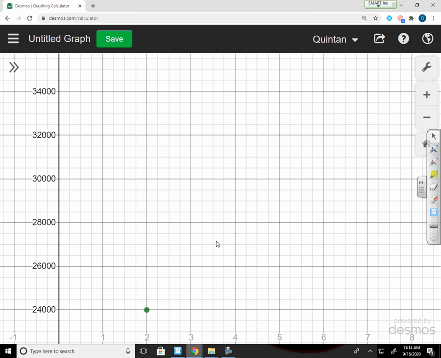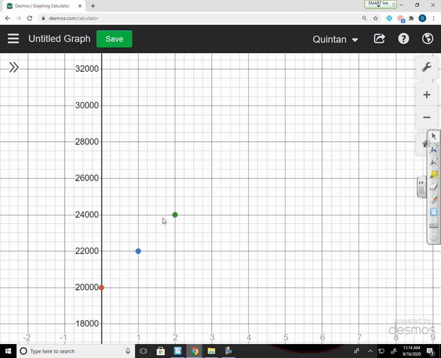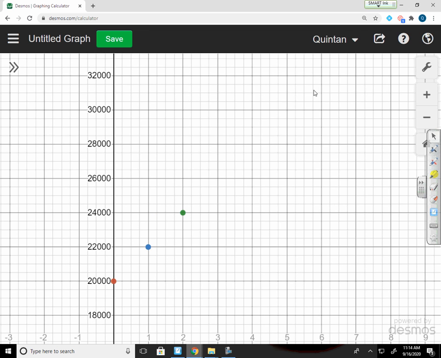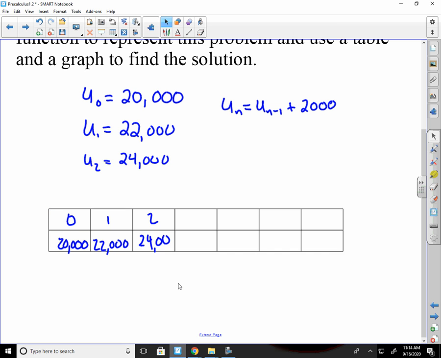So it's much easier than calculating each one each time, continuing to go. I can trace kind of my line that is fitting this data and going up to year 6 at 32,000. So using that, I can tell that year 6 is going to be 32,000.